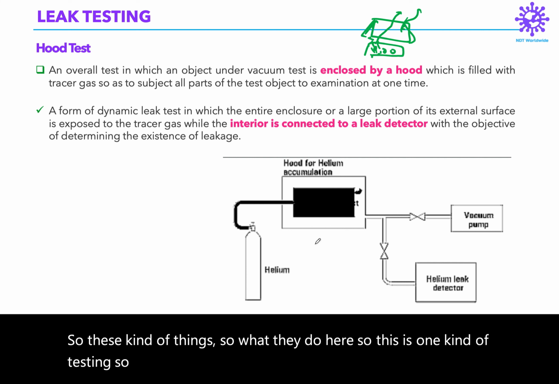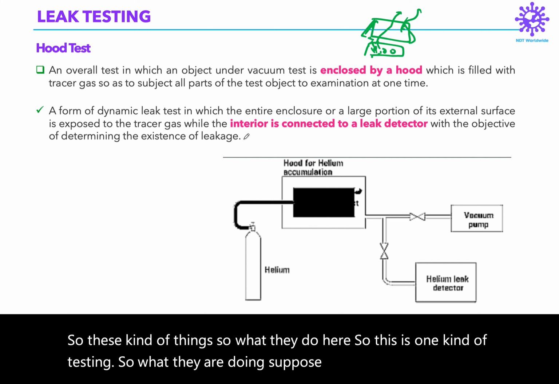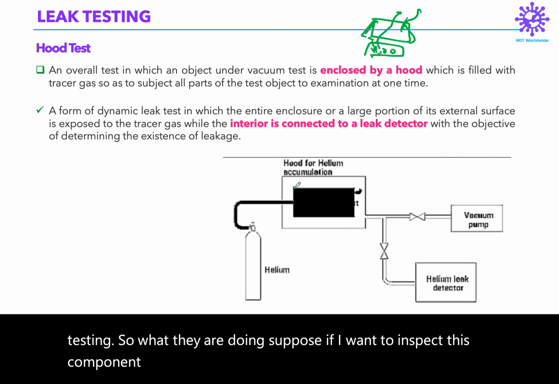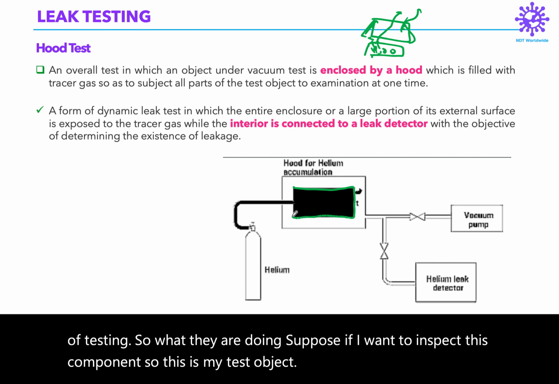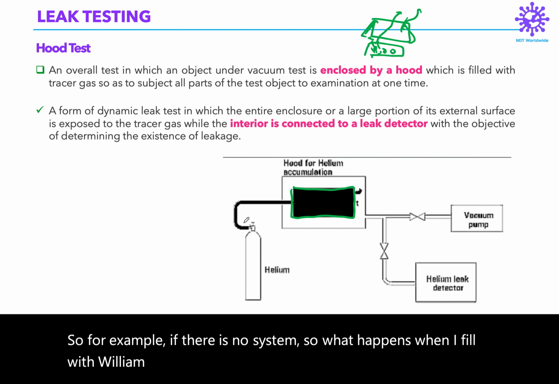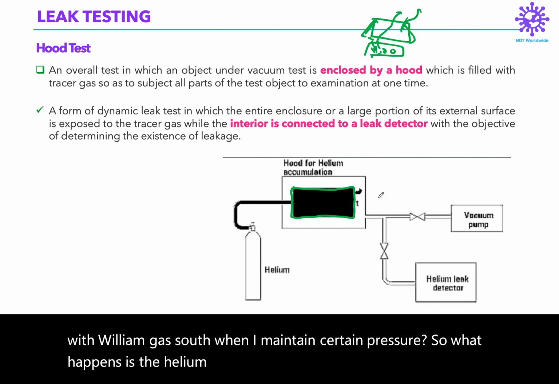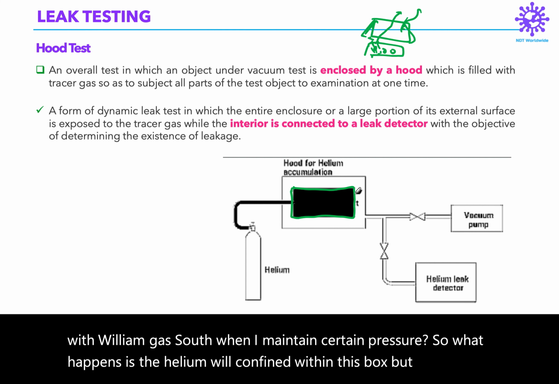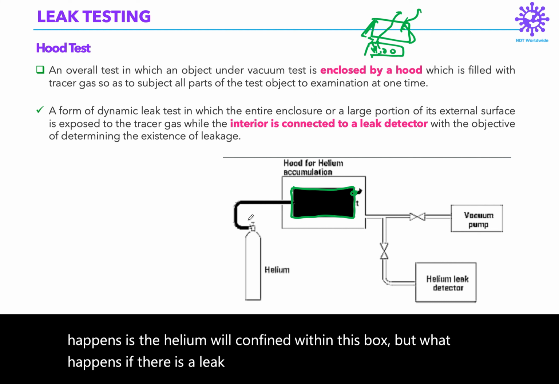Suppose I want to inspect this component, so this is my test object. When I fill with helium gas and maintain a certain pressure, the helium will be confined within this box if there is no leak. But if there is a small leak, the gas is leaking.